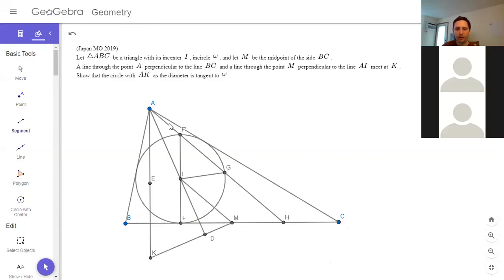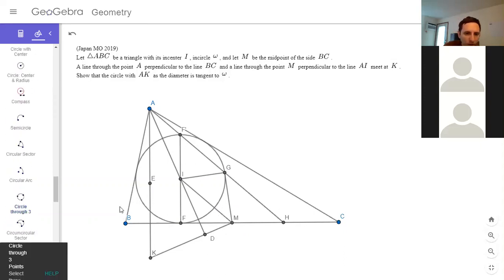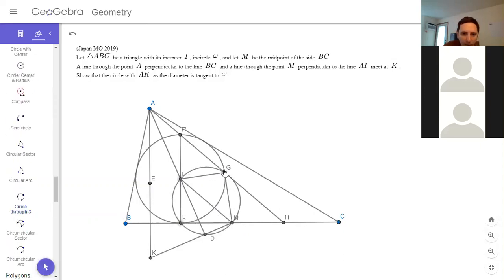So IM is parallel to F prime H, right? And so from there, it's not a hard angle chase. We just need to show IM bisects angle FIG, which is an angle chase, and then we have that IGMDF is cyclic. So I can prove that those are cyclic.